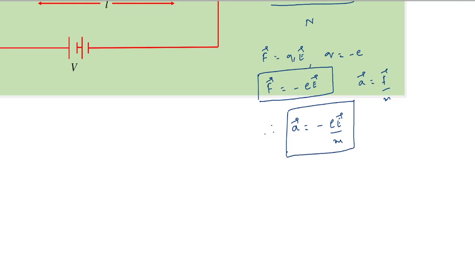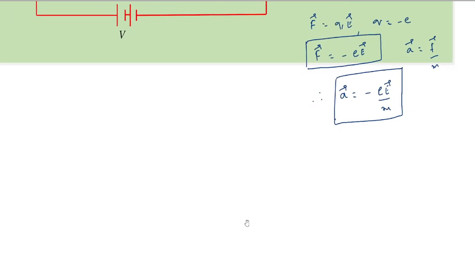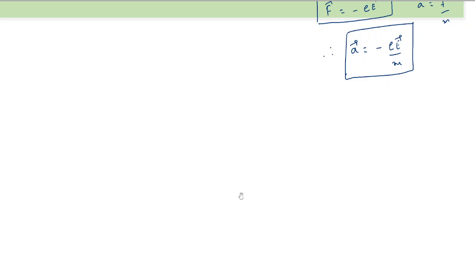Because of the acceleration, the electron's velocity will change. Let the velocities of the electrons after some time be called v1, v2, etc. So v1 is the velocity of the first electron after some time, equal to u1 plus a into tau 1, where tau 1 is called the relaxation time for the first electron.